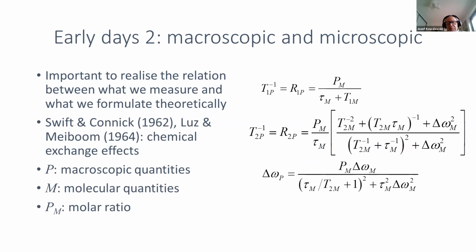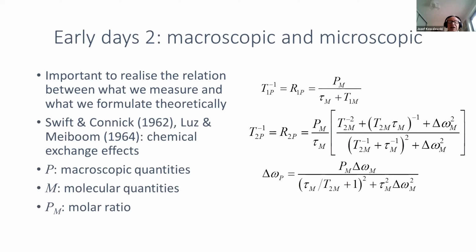Now, one thing that you have to consider, which was also realized very early on in the early 60s, is the situation with chemical exchange, such as aqueous solution of transition metal ions.